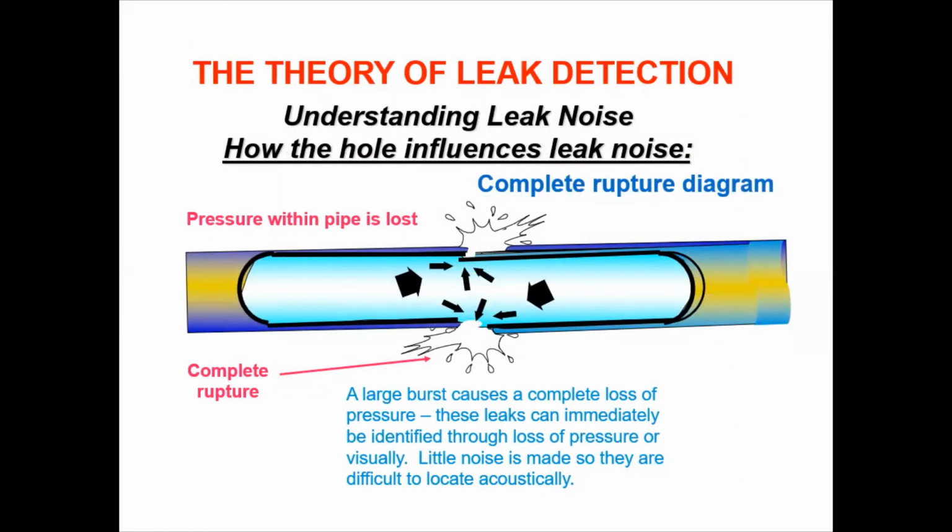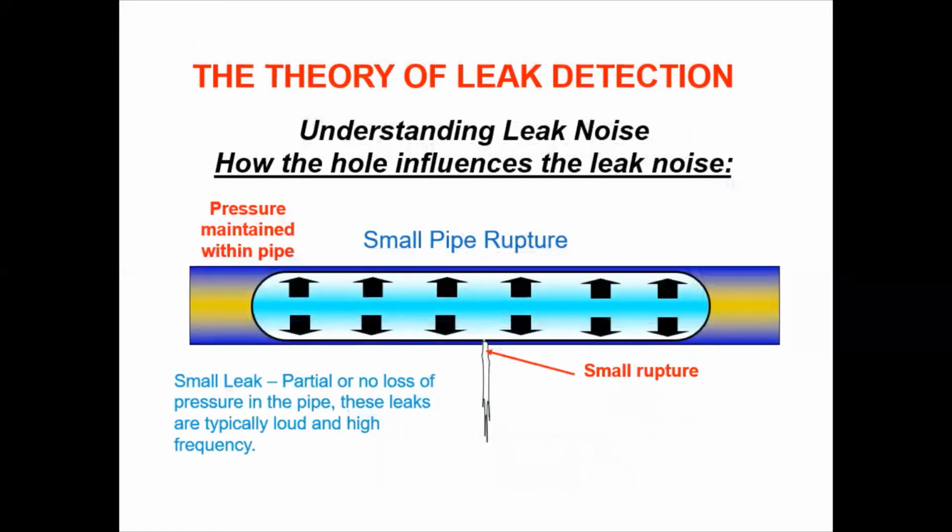And when we have a complete rupture in the pipe, a water main break, when you're having dramatic pressure loss in your system, that generates basically zero sound, which is pretty much inaudible. So again, the smaller ruptures will generate a louder sound.